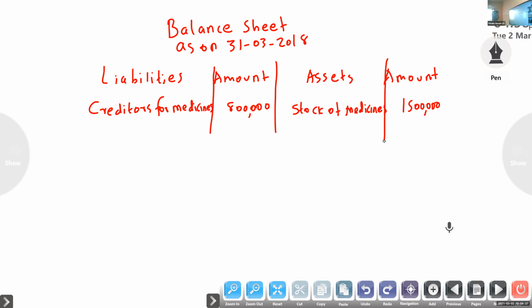Creditors, liability; stock, asset. It is closing, only closing amount you have to write. If it is opening balance sheet, same items only, opening amount you have to write.